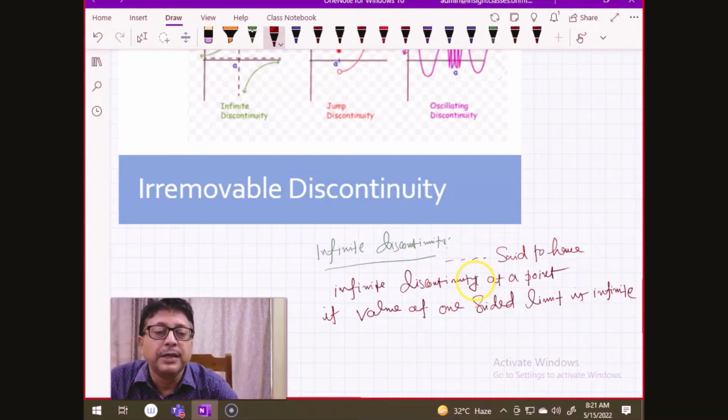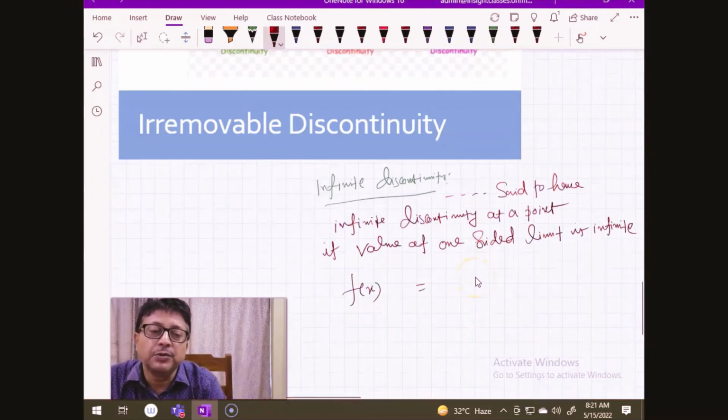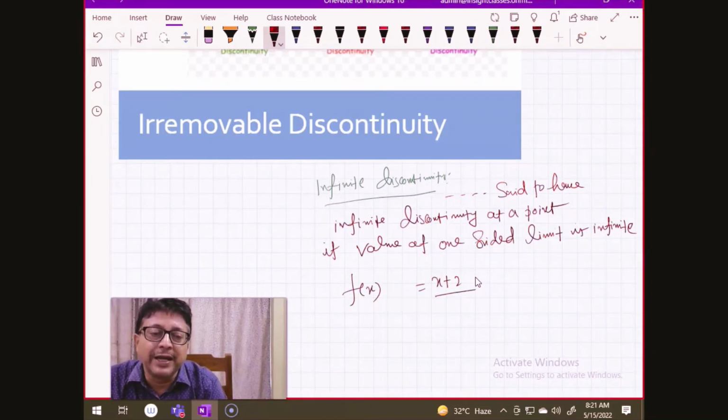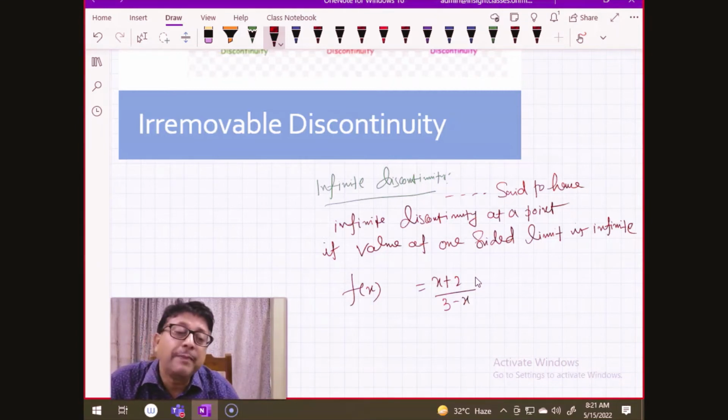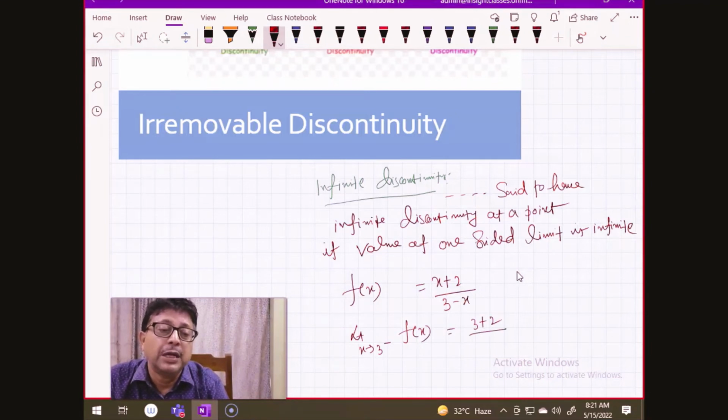For example, let us take the function f(x) equal to (x plus 2) by (3 minus x). What will happen if you find the limit at 3? The left hand limit, x tending to 3 minus, f(x), is going to be 5 by 0 plus, so this is going to be plus infinity.